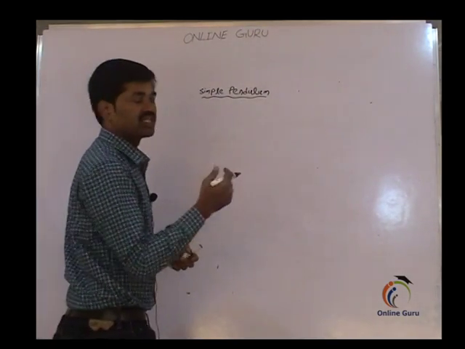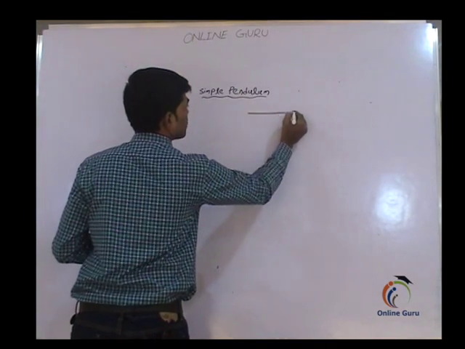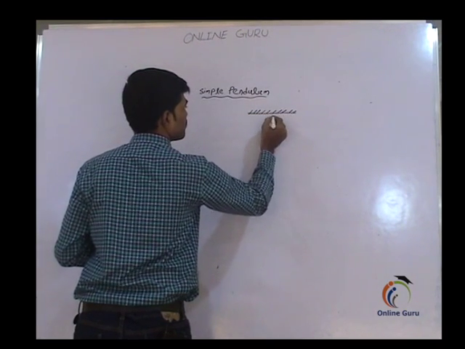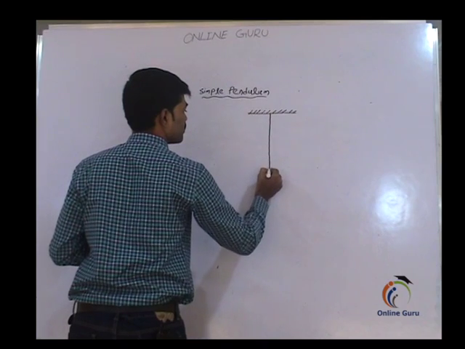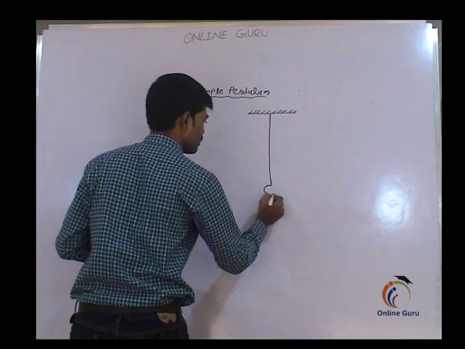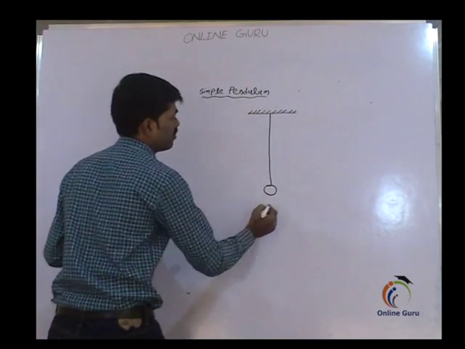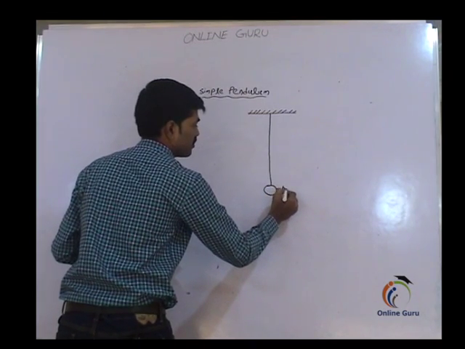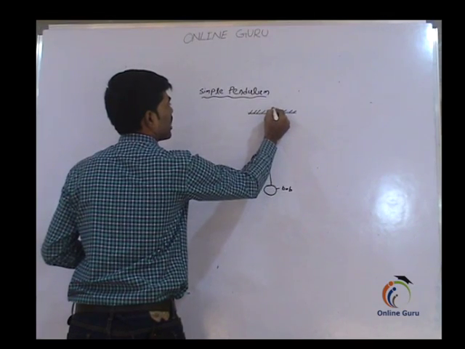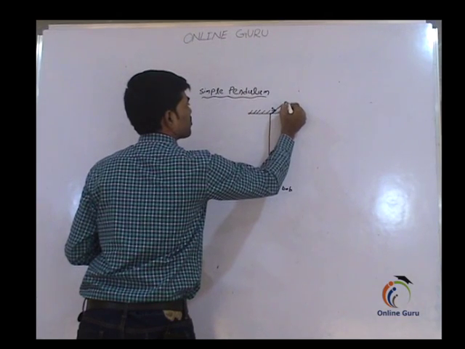So we'll see the diagram of the simple pendulum. Here, this is a simple pendulum diagram. And this is a metal bob, and this point is called S, the point of suspension.